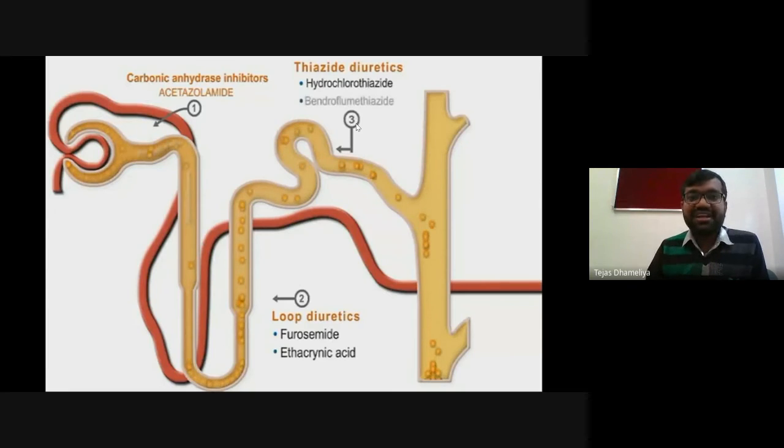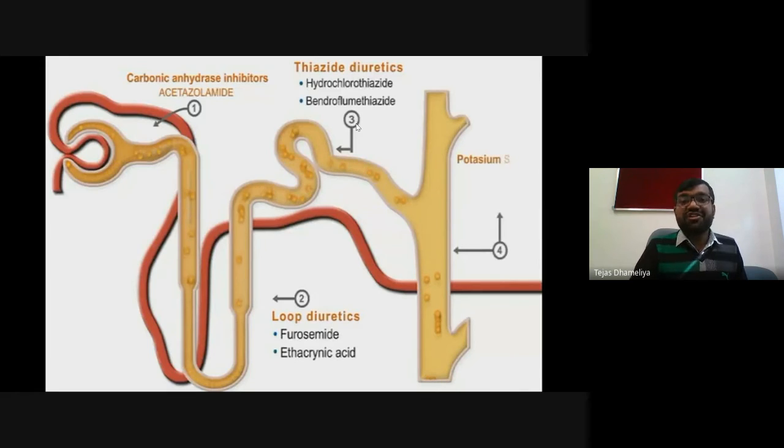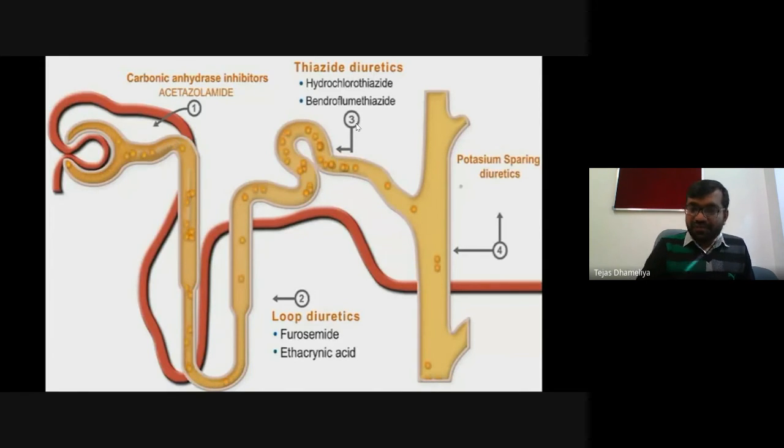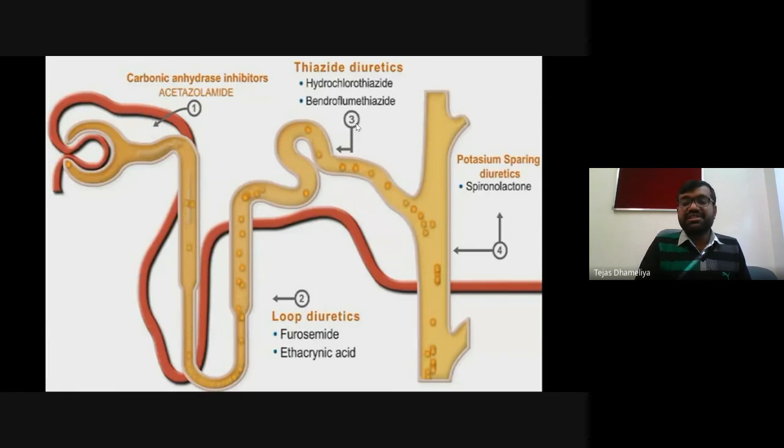Third type is thiazide diuretic, which act on distal convoluted tubule. The fourth type is potassium sparing diuretic, amiloride and spironolactone, which act on the last part.